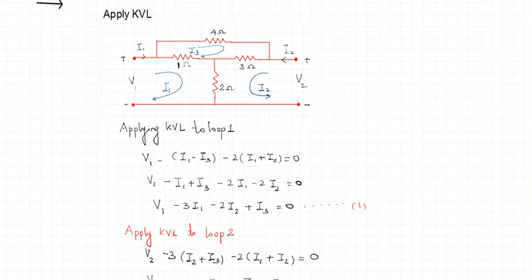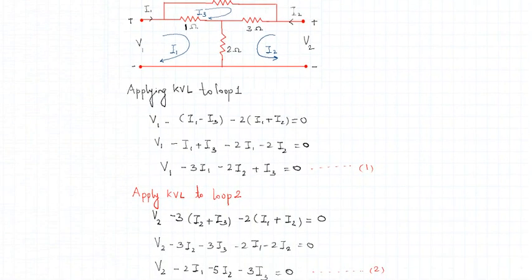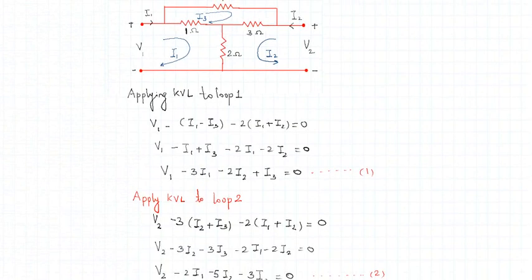Similarly, now we proceed and analyze loop 2. We'll apply KVL to loop 2. So this is the voltage V2. Starting with this particular voltage V2, it is V2 minus, right? For the current through the 3 ohm resistor, there are two currents we observe. The first is the current I2 along with the current I3 from loop 3.